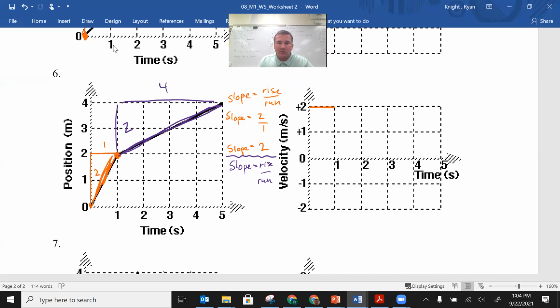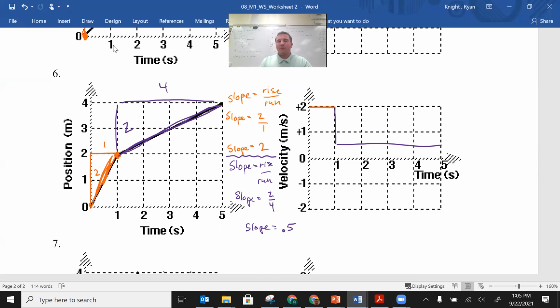So our rise was 2, our run was 4. We get 2 over 4. Now we've got a fraction. 2 divided by 4 is a half, or 0.5. So our line, after it does the 2 for the first second, now it's got to drop all the way down to 0.5, and it's 0.5 for the rest of the time.